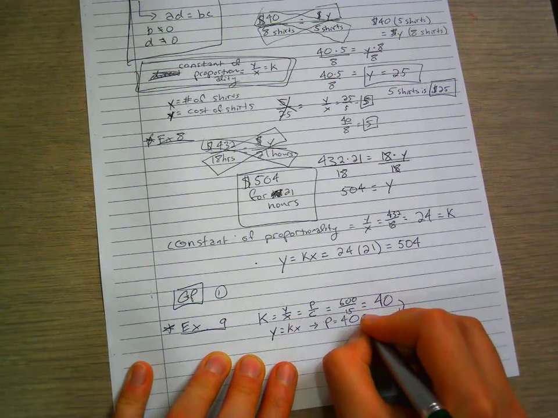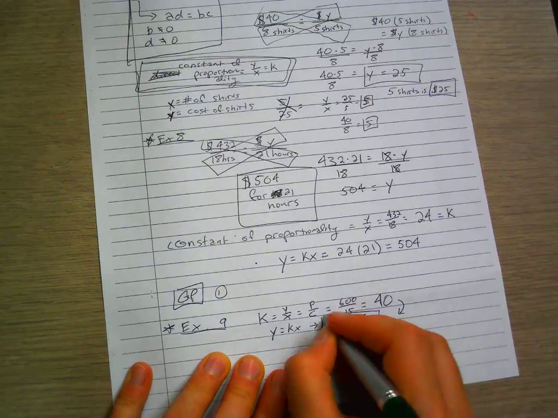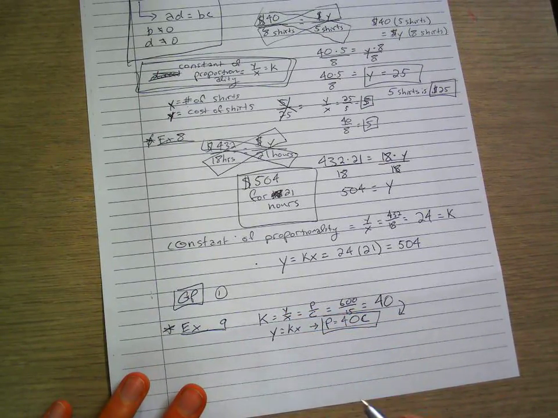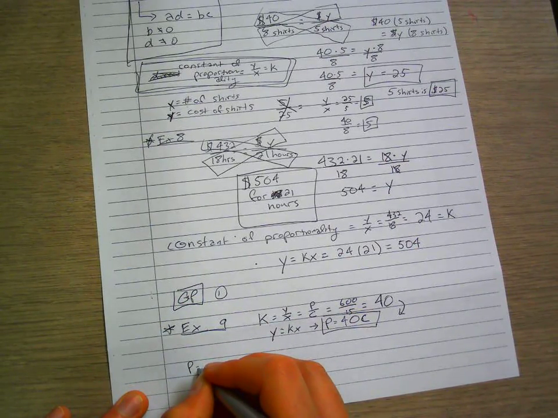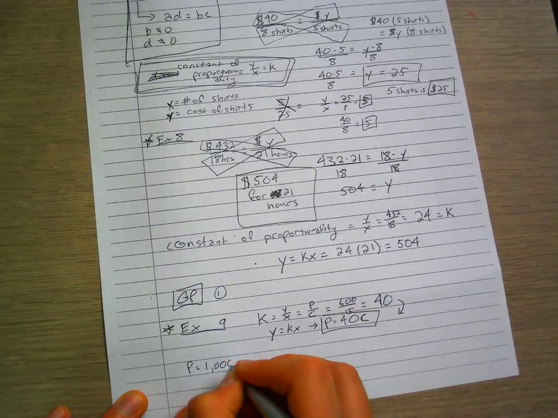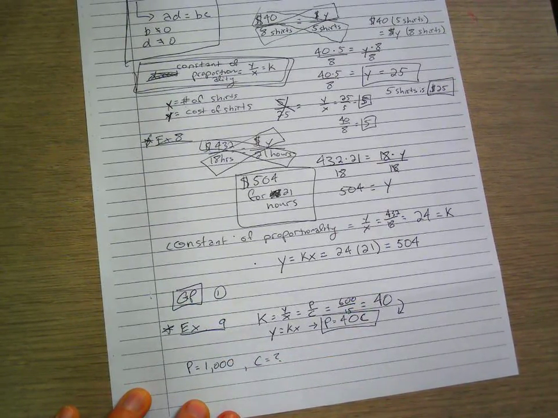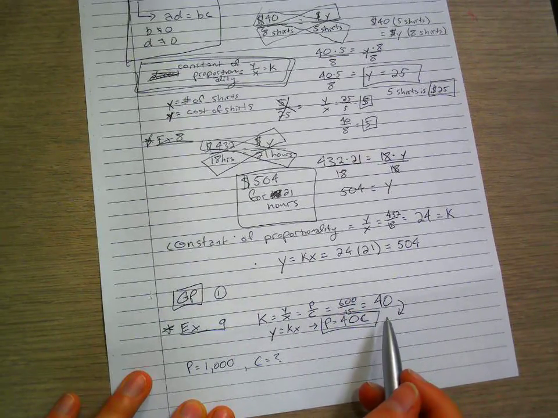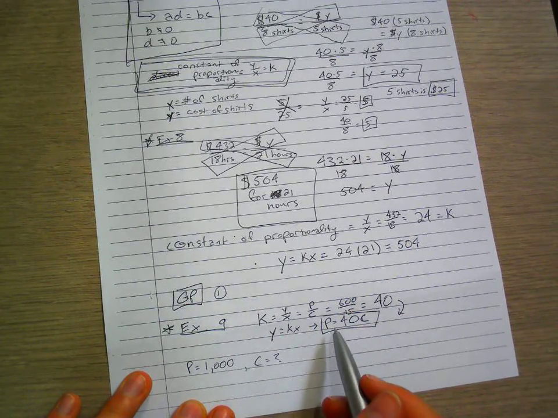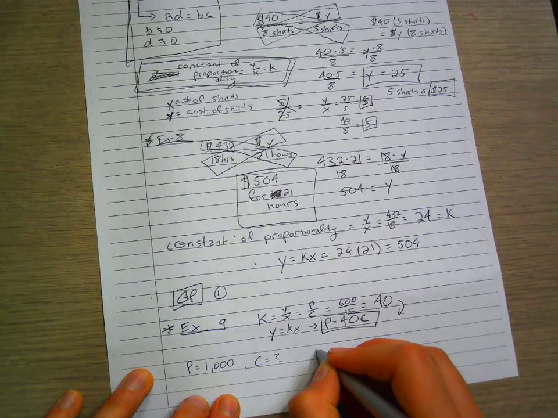Now it says find the missing values in the table. For the next one, we know P is going to be equal to 1,000. So then what is C? Well, if we have this formula, all we have to do is put this into the formula. So 1,000 equals 40C.